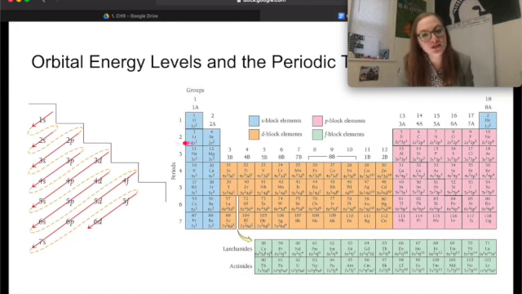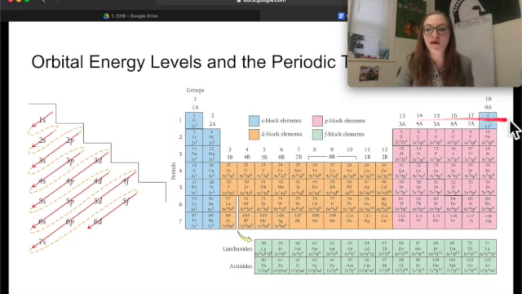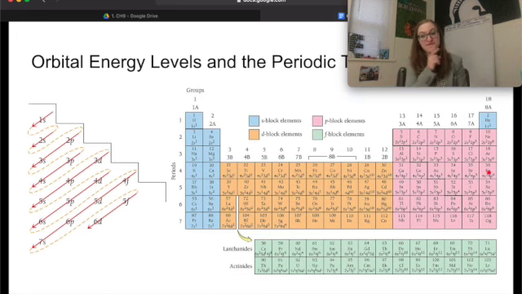That energy level number is most of the time what you see here on the left-hand side of the periodic table. So 1s, 2s, 2p, 3s, 3p, 4s, 3d, 4p. All right, it's weird. It feels wrong.